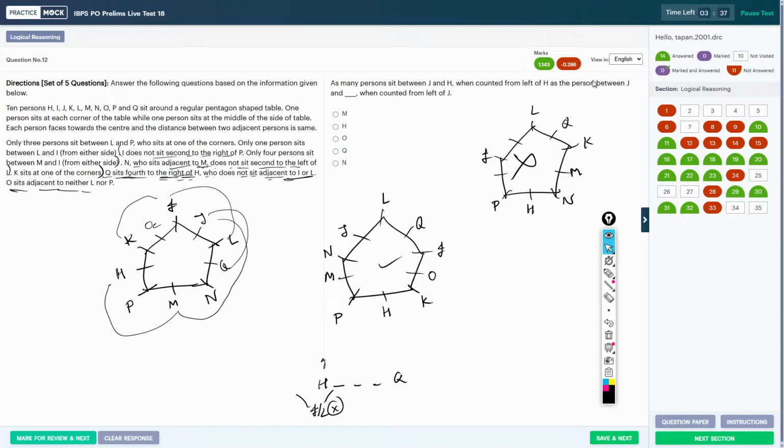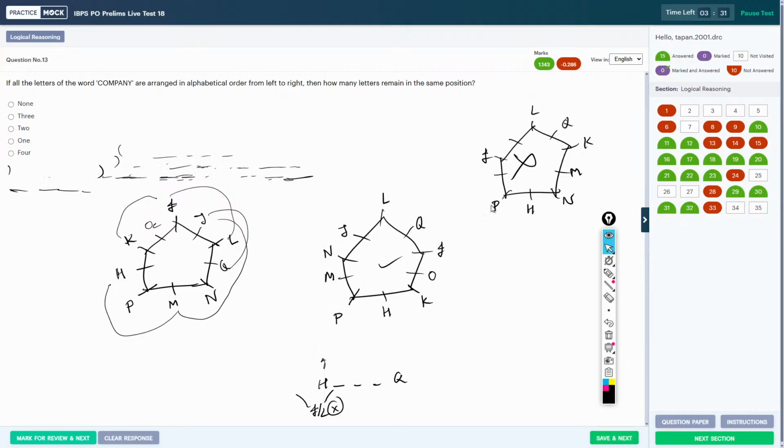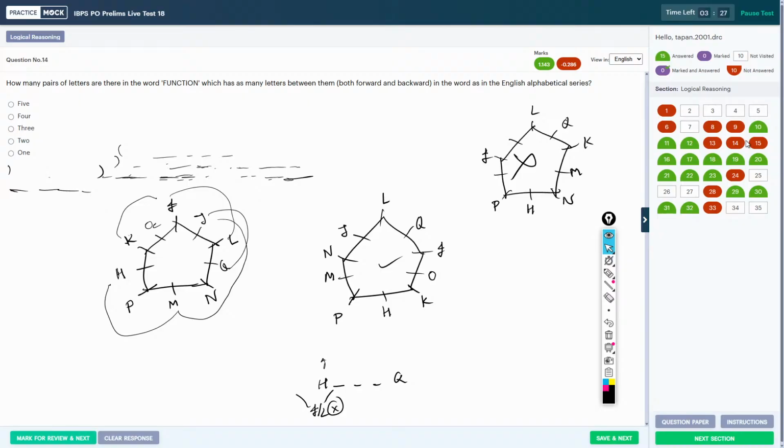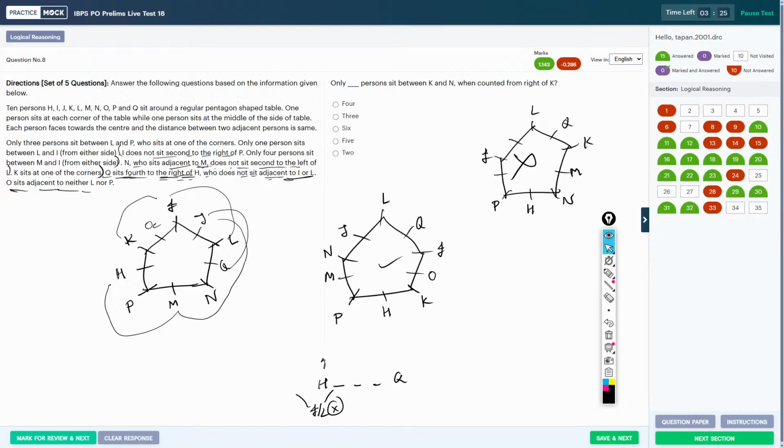So 3 as between J and H when counted from left of J, 1, 2, 3. Only dash persons sit between K and N who is right of K, and N right of K. So 1, 2, 3, 4, 5.